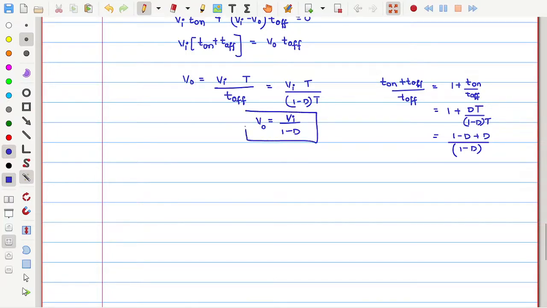This is the output voltage, and D will be in the range 0 less than D less than 1, that is, between 0 and 1.